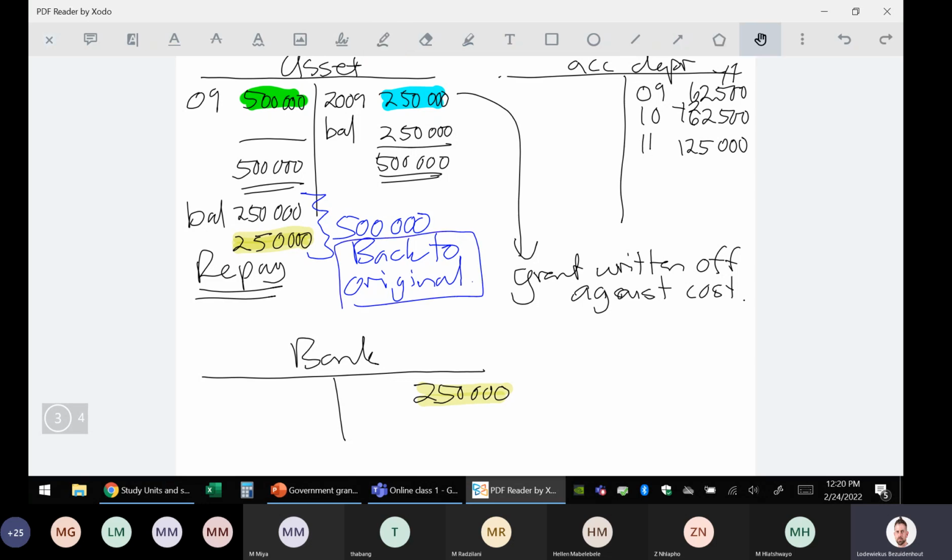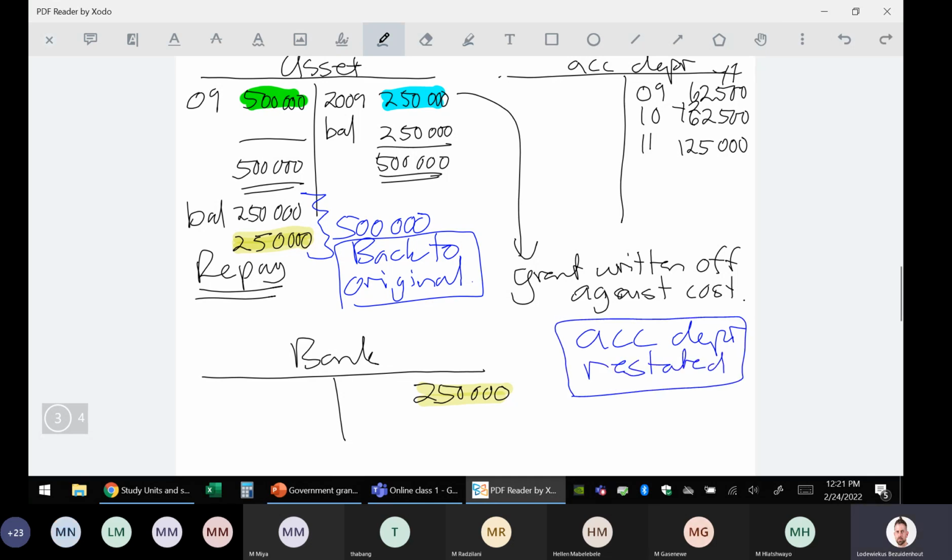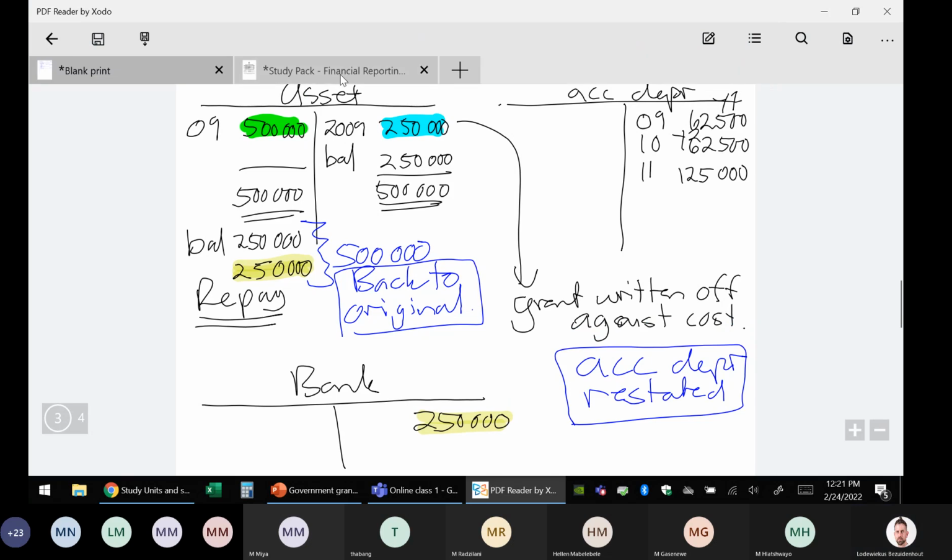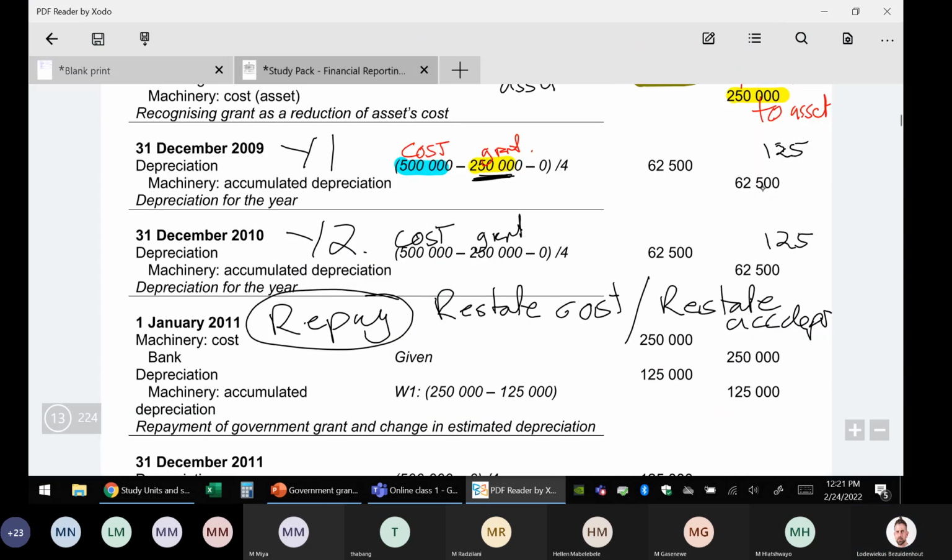But what is the problem now? Our accumulated depreciation should be restated. So we should show accumulated depreciation as what it would have been if we did not have this grant previously. When we repay, our depreciation was less. 125 is what we would have had, less the 62,500, because we have a reduction in the depreciation.